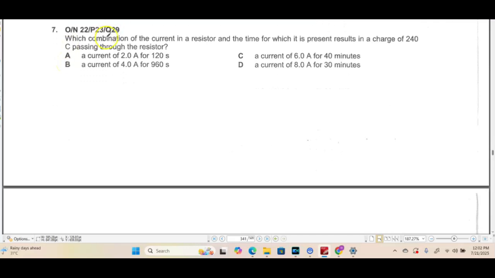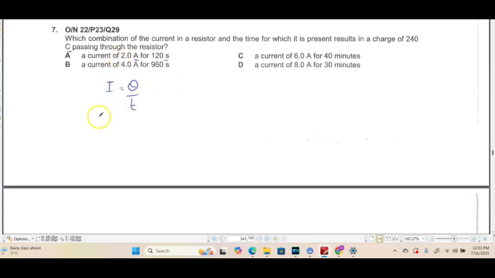Question number 7. Which combination of the current in a resistor and the time for which it is present results in a charge of 240 coulombs passing through the resistor? Now we have resistance, current, time, and charge. So we can easily use I is equal to Q over T to find out which combination gives you a charge of 240.